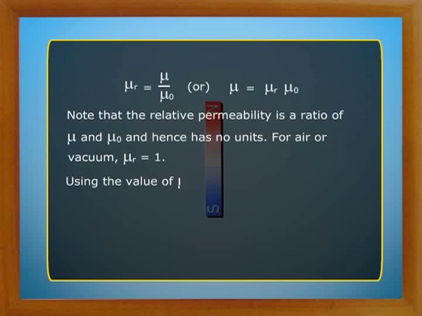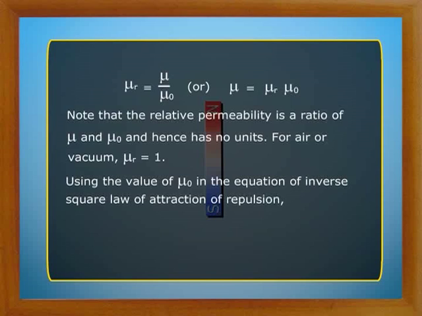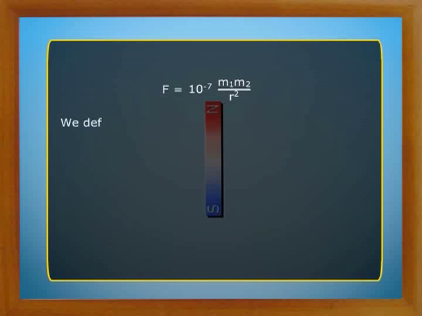Using the value of mu0 in the equation of inverse square law of attraction or repulsion, we have F is equal to 10 to the power minus 7 multiplied by m1 m2 divided by r square, which is equation number 7. From this formula, we define unit magnetic pole strength.